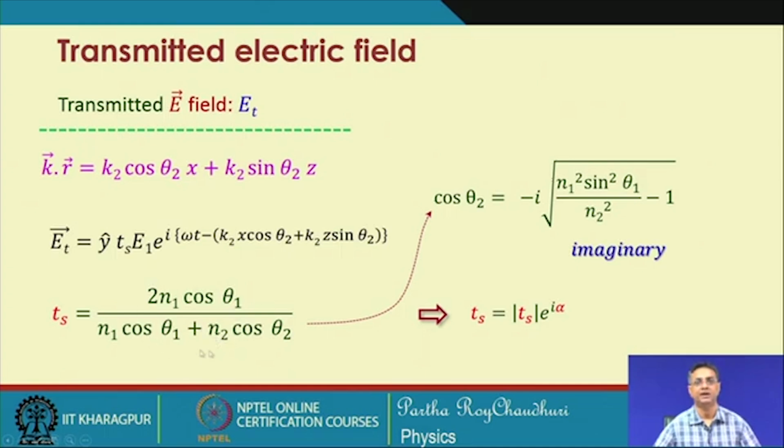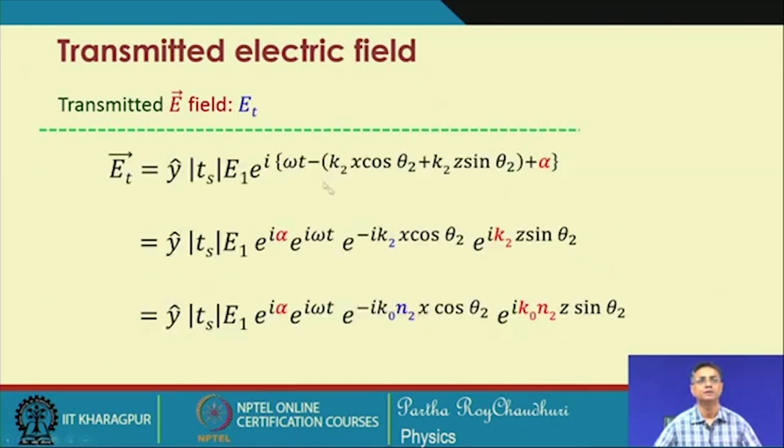Therefore, we can write T s equal to the mod of the transmission amplitude into e to the power of i alpha, where alpha is the additional phase. So, the transmission amplitude coefficient includes a phase factor. Because of transmission, there is a change in the phase also.